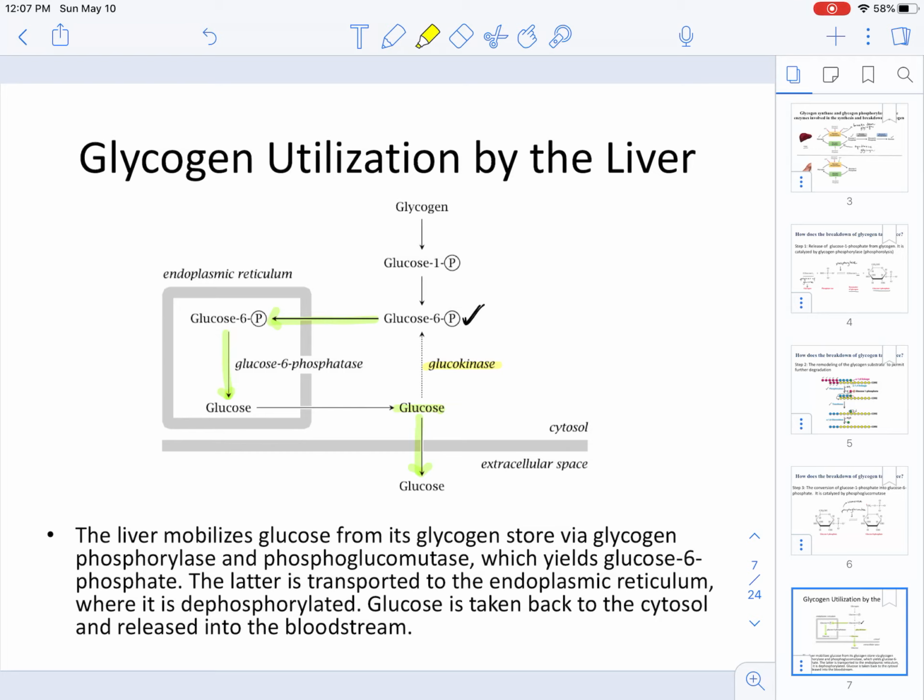But as you can see, once you have glucose 6 phosphate in the liver, it is going to go back into the endoplasmic reticulum, because one of the main things is that the glycogen that is stored in the liver is the source of having glucose in the bloodstream. So ultimately, even though some of the glucose that is generated is converted back to glucose 6 phosphate, it actually ends up coming back as glucose to be released into the bloodstream.